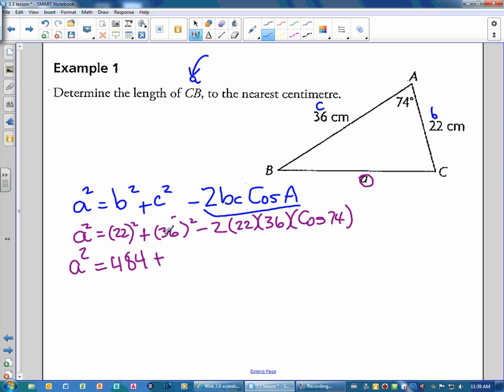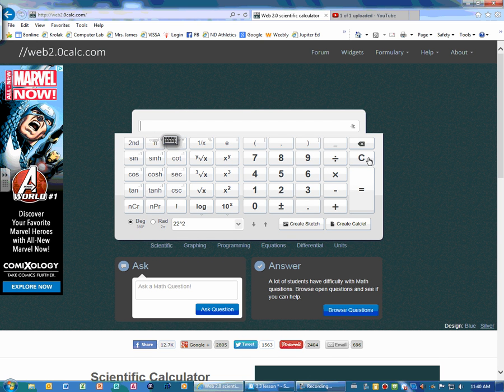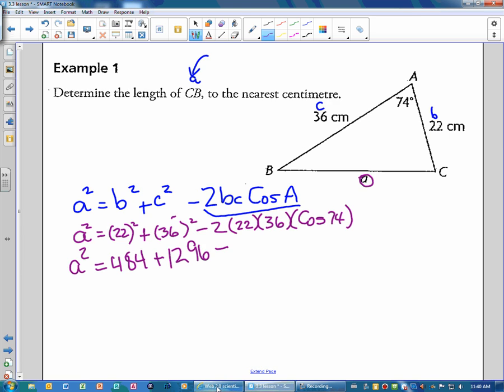I'm going to use my calculator on my desk. 36 squared is 1,296. 1,296 minus 2 times 22 times 36 times the cos of 74.